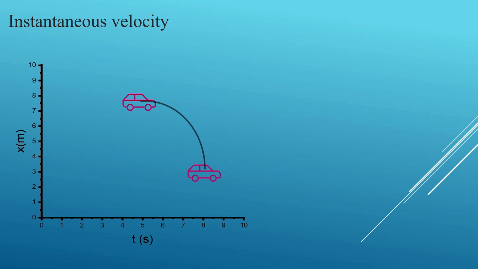So the slope of a tangent line is the instantaneous velocity, and I can draw it everywhere along the path, right? Because we're talking about the instantaneous velocity. However, for the average velocity, we only care about the first and the last point, right? So the average velocity is going to be the slope between the first and the last point we have.